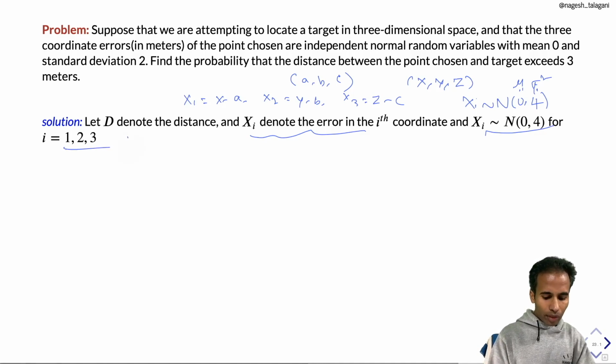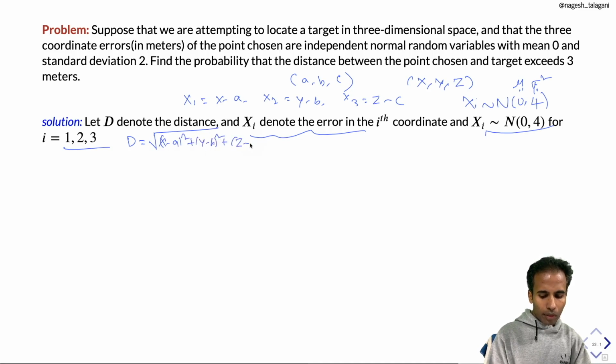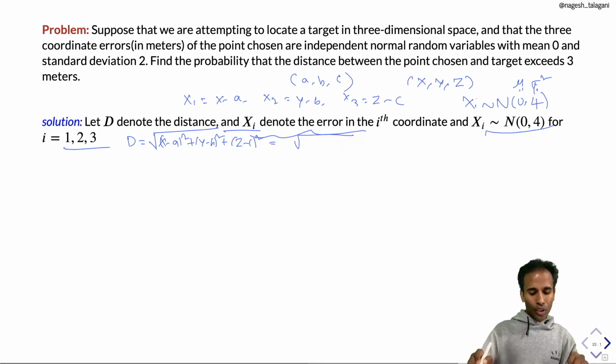What is D actually? The distance between the point we have chosen and the target. It is going to be the square root of (x minus a) whole square plus (y minus b) whole square plus (z minus c) whole square. What is x minus a? The error in direction 1, y minus b the error in direction 2, z minus c the error in direction 3.